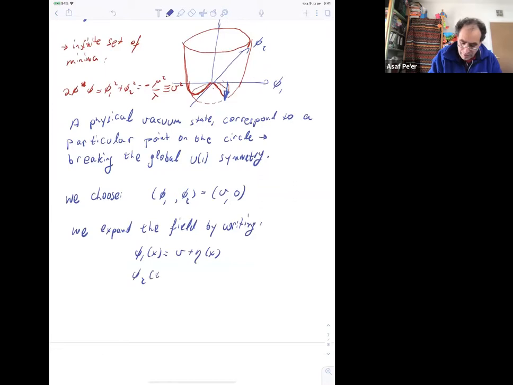Phi2 we don't need to expand, right? So this is in this phi1 direction. And phi2 we don't really need to expand, so we simply write it down as psi, because it's going in that direction.